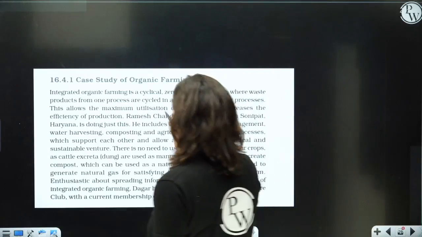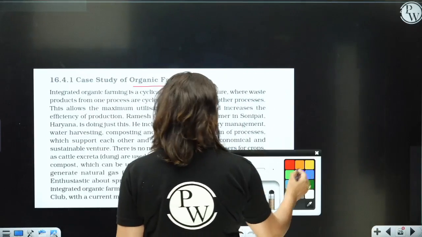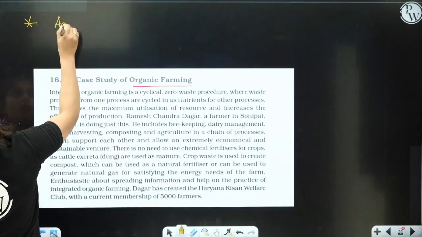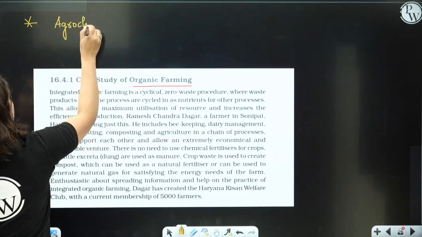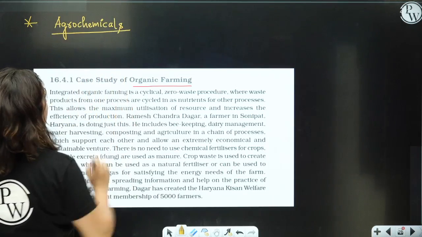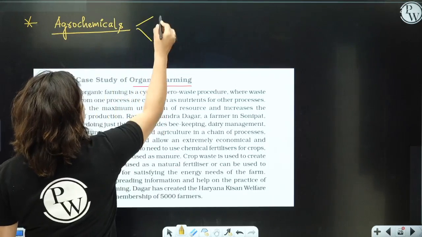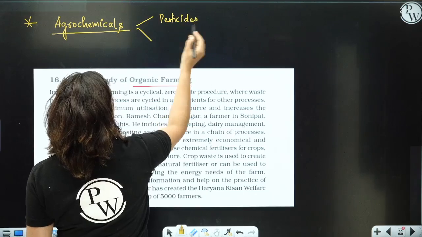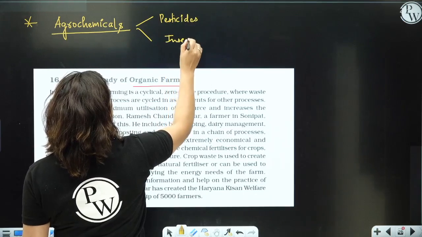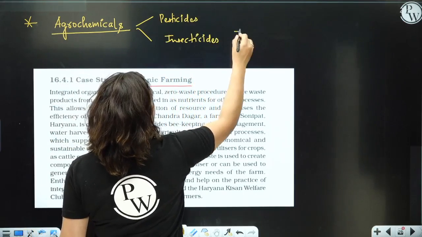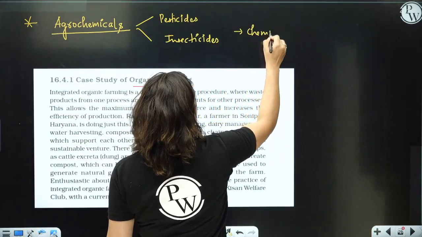Now, the case study of organic farming. First of all, let's understand what agrochemicals are. Agrochemicals are the pesticides, the insecticides, and the chemical fertilizers.